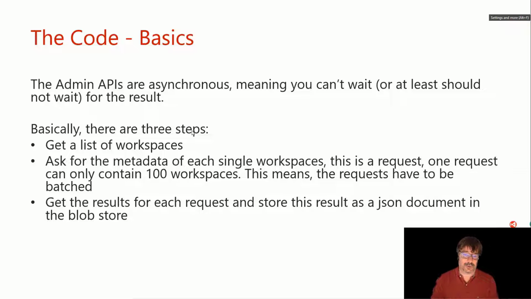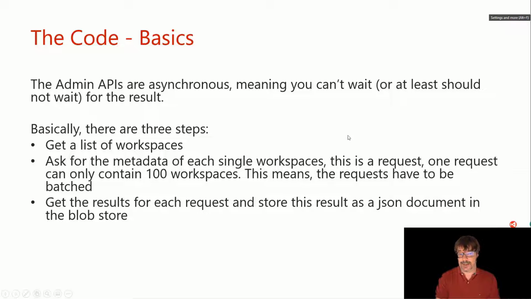They are asynchronous, meaning I just push some request to an endpoint of this REST API, and I can't wait for the response. At least I should not wait, meaning I should not use for loops and always request, waiting until this request has been answered.